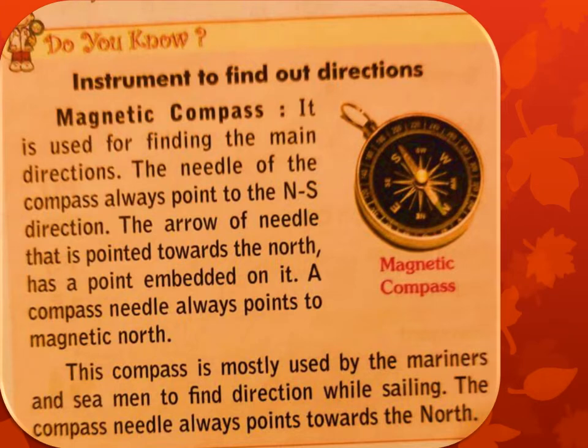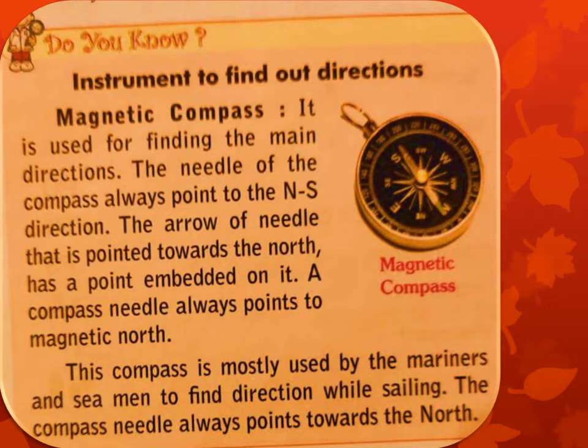Now, do you know the instruments to find out the directions? We have the magnetic compass, and it is used for finding the main directions. The needle of the compass always points to the north-south direction.